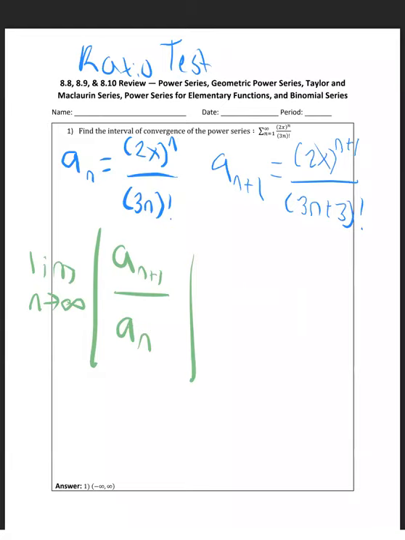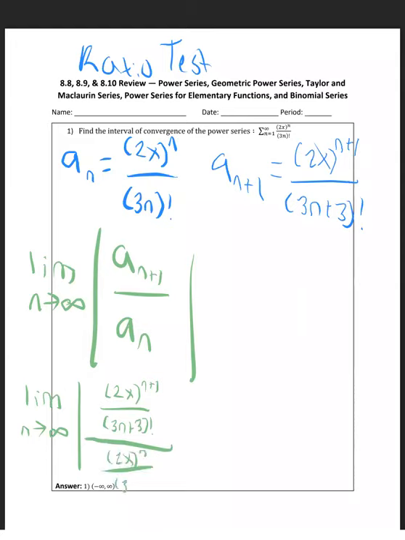All right. So the first thing that we have is the limit as n approaches infinity, where a of n plus 1 is 2x to the n plus 1 over 3n plus 3 factorial, all over 2x to the n over 3n factorial.